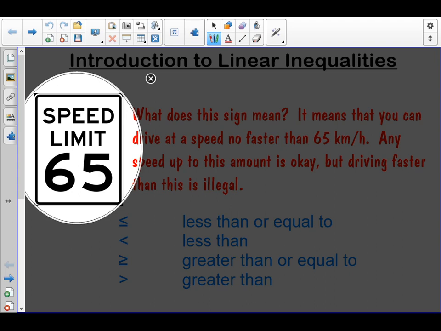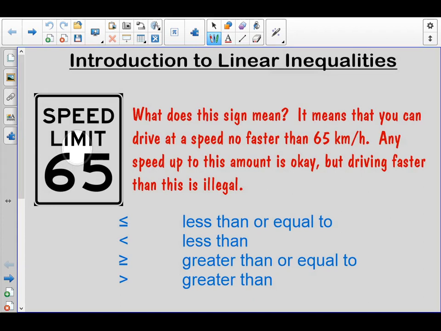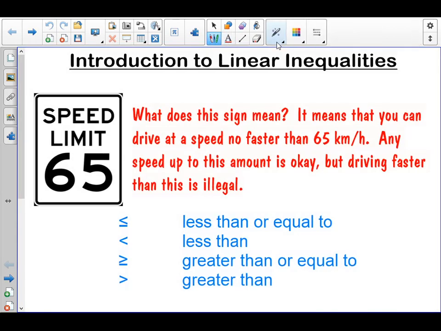What does that mean to us? Speed limit 65. Well, what it means is you can drive at a speed no faster than 65 kilometers an hour.